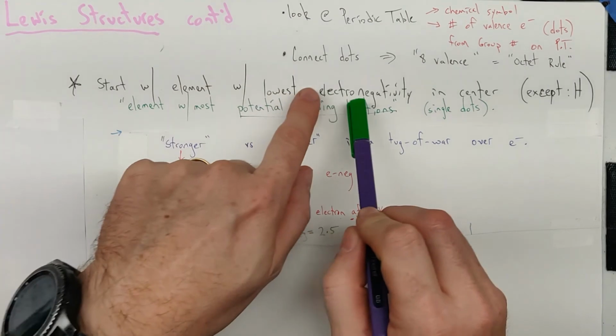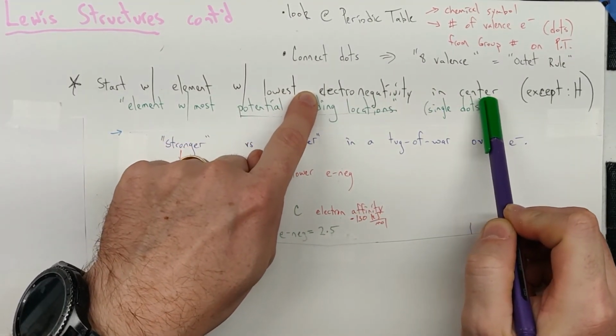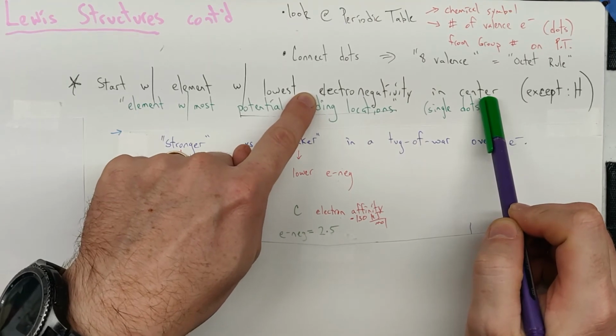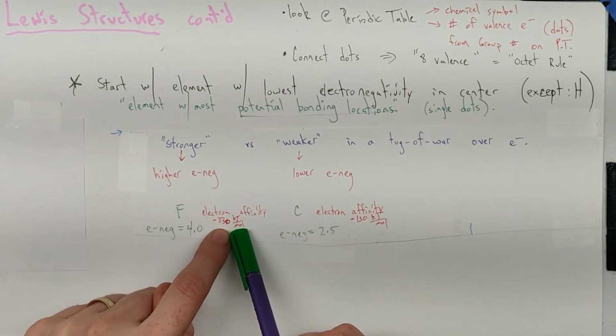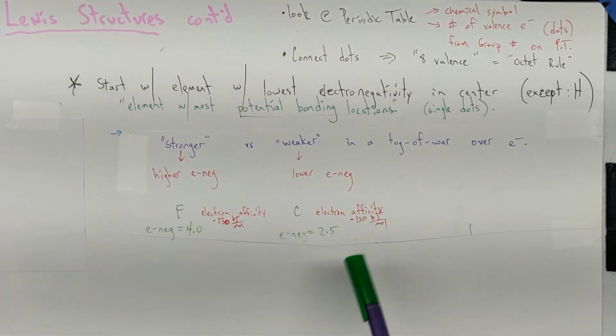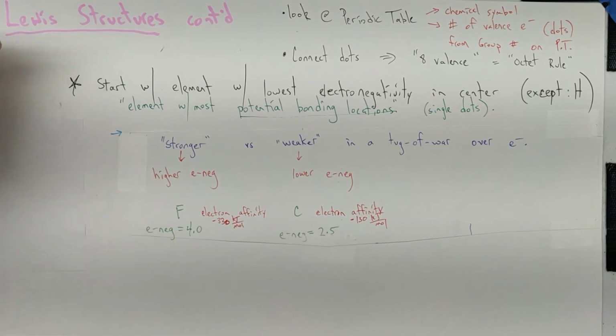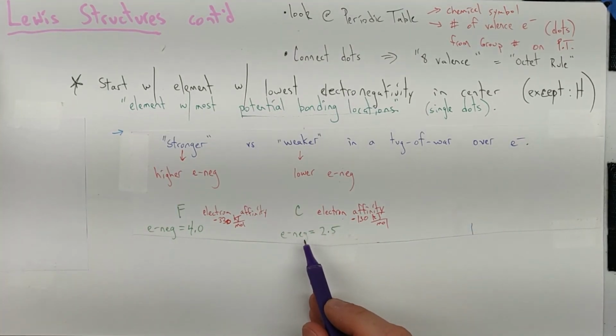Why are the things with the lower electronegativity in the center? The atom in the center is going to have to do the most sharing. It's going to bond to the most things, right? This is paying 330 kilojoules per mole of electrons, right? Versus this that's paying 130. This is the one that's going to have to share to make things work out. And often we see that in terms of the number of valence electrons, right?